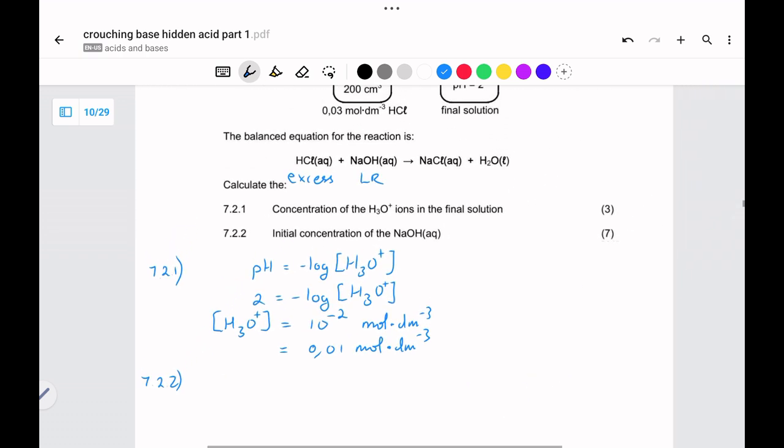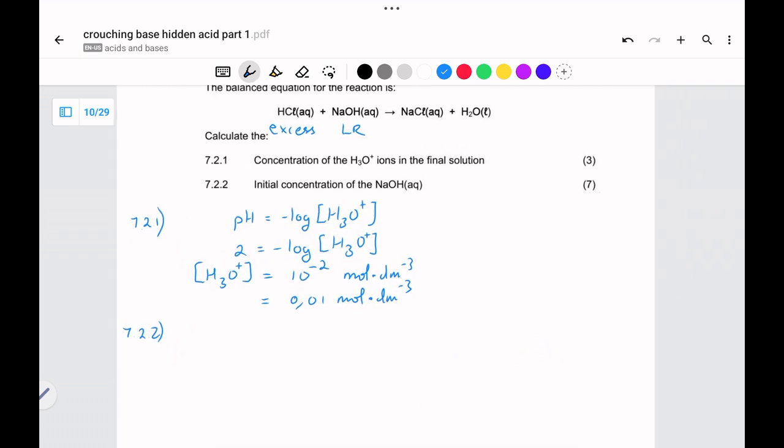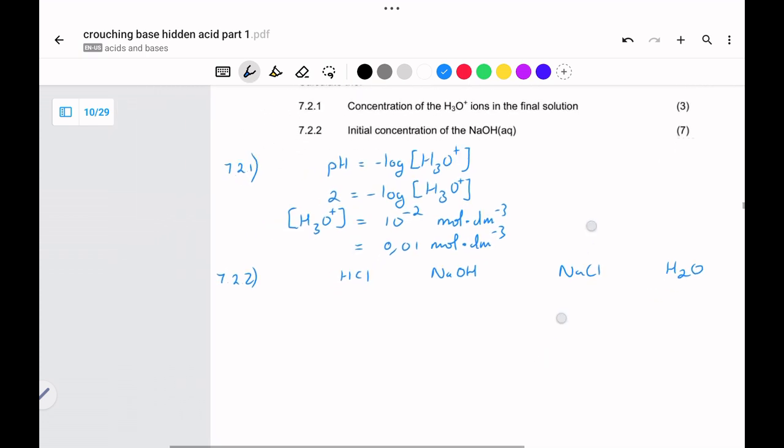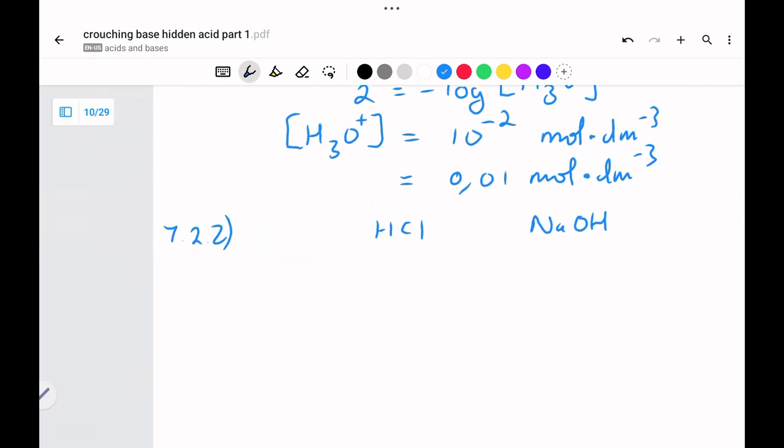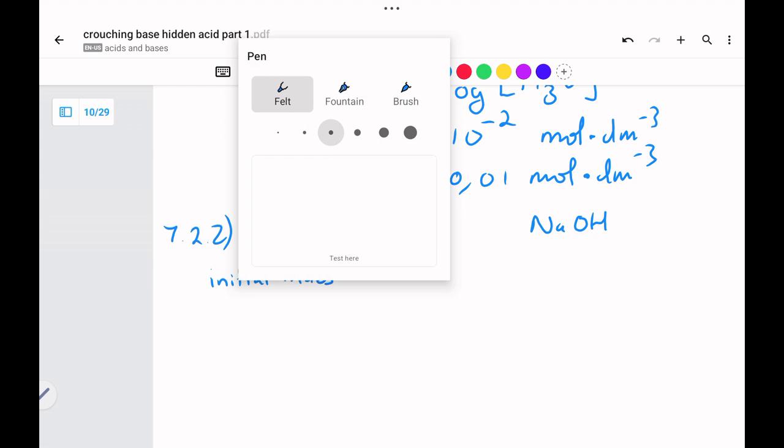Okay, again, I am going to try and write out a table. I'm going to change this. Let's go for a fountain pen.